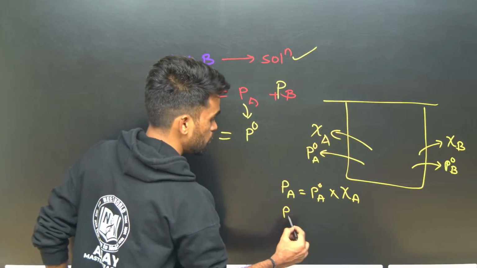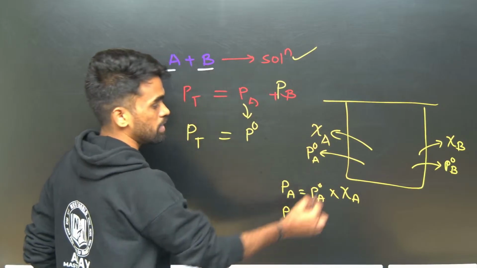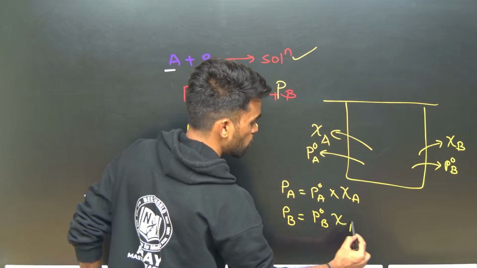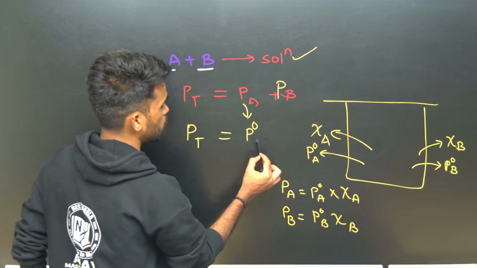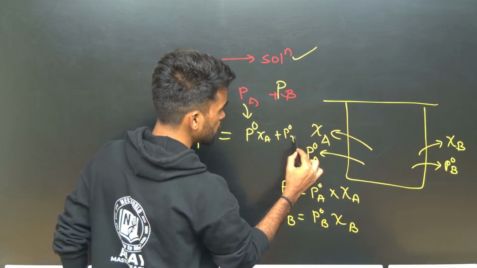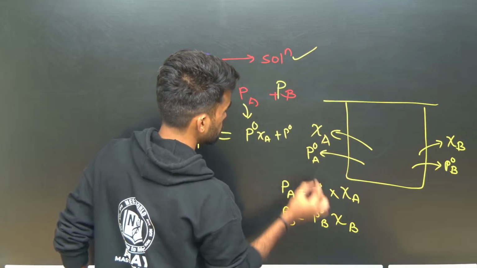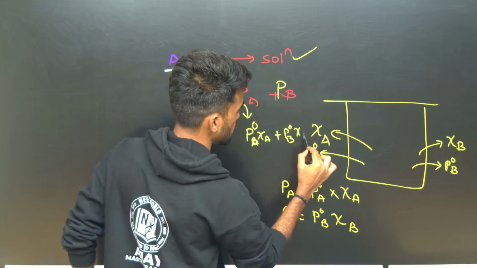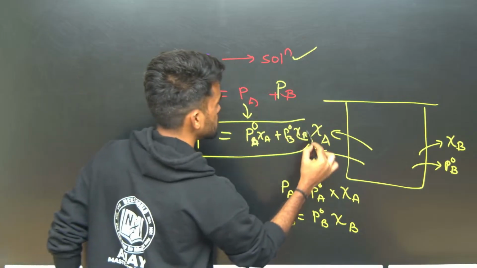Similarly, PB, the vapor pressure of B in the solution, is equal to P naught B into its mole fraction. So I can write P naught A XA plus P naught B XB. This is Raoult's law.